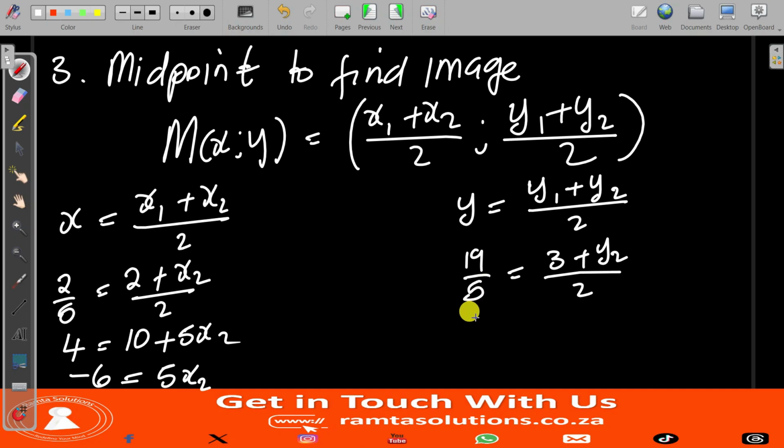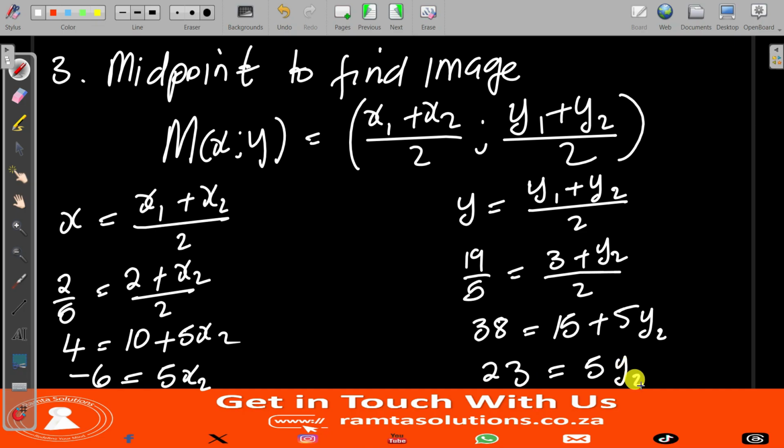So this is 38 equals 15 plus 5 y sub 2. Then 38 minus 15 will be 23 equals 5 y sub 2.